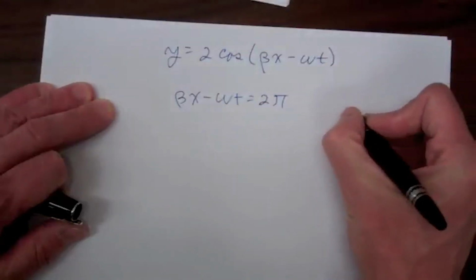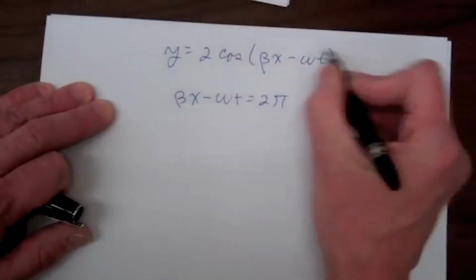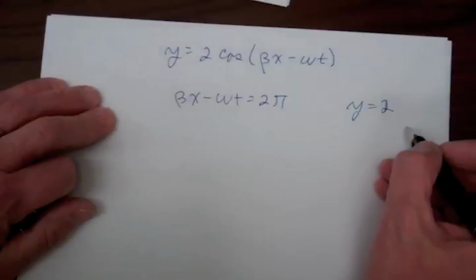So when that occurs, y remains 2 because the cosine function retains a value of 1, so you're riding on the crest of a wave.